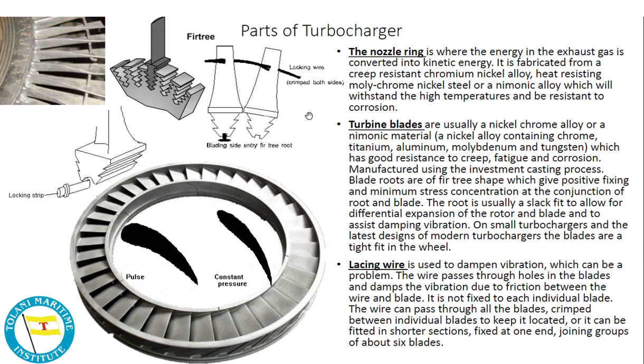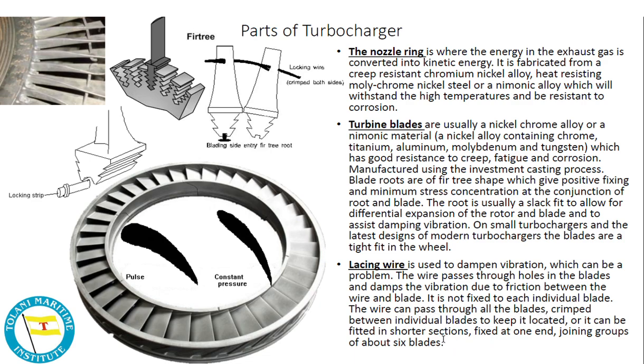This is the locking wire or the lacing wire that you are talking about, used to dampen the vibration, which can be a problem. The wire passes through the holes in the blade and damps the vibration due to friction between the wire and the blade. It is not fixed to each individual blade.